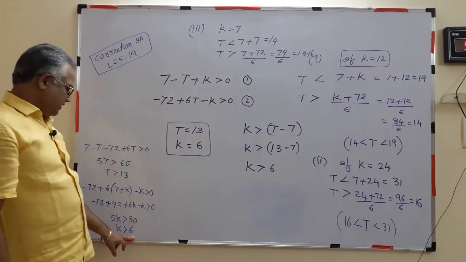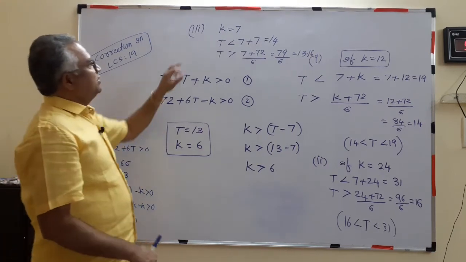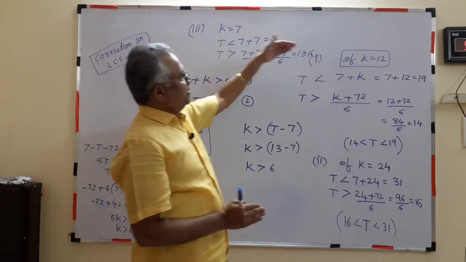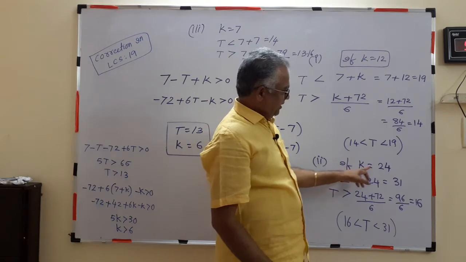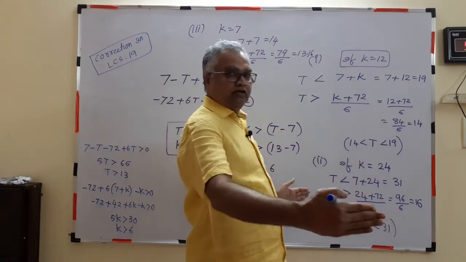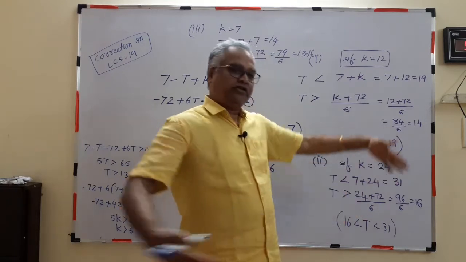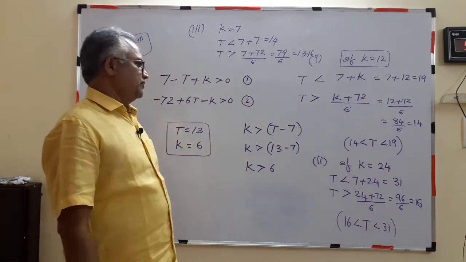So k greater than 6, 7 is also greater than 6. If I take 7, t variation is small. If I take k 12, t variation is improved. If I take k 24, t variation is improved more. If I take k 100, t variation is much higher, it increases.